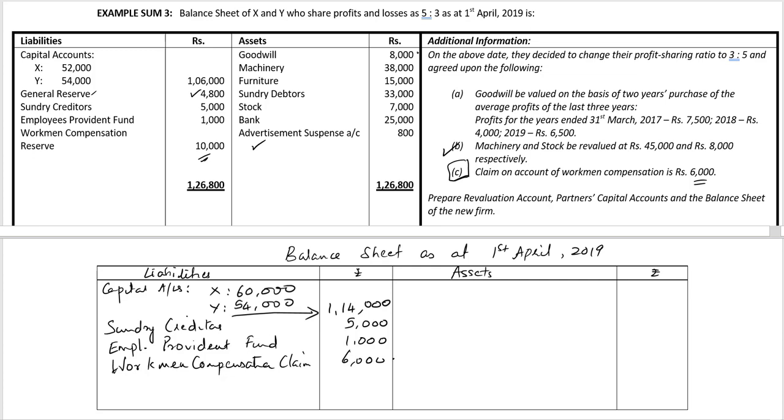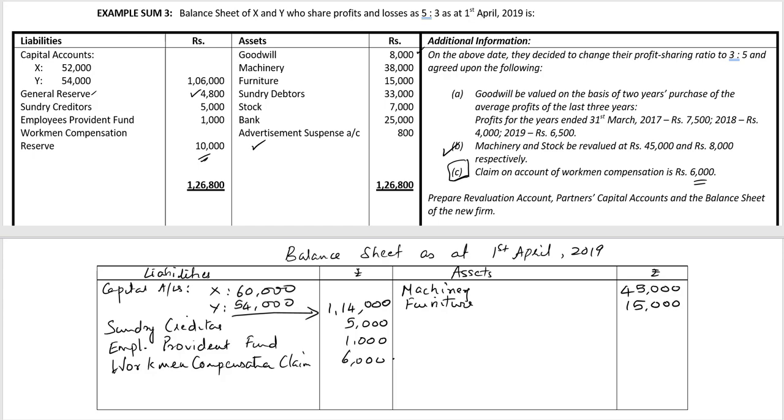The goodwill of rupees 8,000 has been written off. Machinery has been revalued. The new value is 45,000. Furniture. There is no change in the value of furniture. It's 15,000 rupees. Sundry debtors. Again, no change in value. It's 33,000 rupees. The stock has been revalued at rupees 8,000.